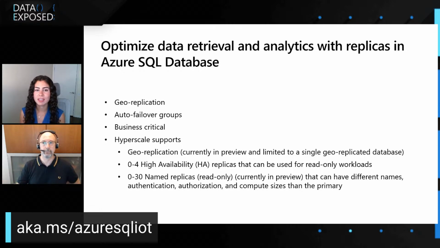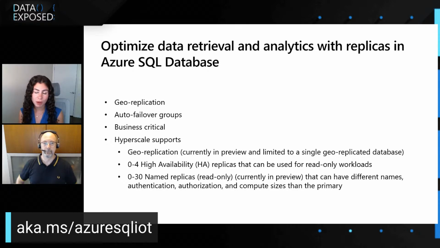And then the final thing that I think is really powerful is if you really need that read scale, Hyperscale is definitely going to be able to give that to you. If you look at Hyperscale today, they have geo-replication in preview, which is going to allow you to get one replica of your database. Additionally, you have the option to deploy 0 to 4 high availability replicas.